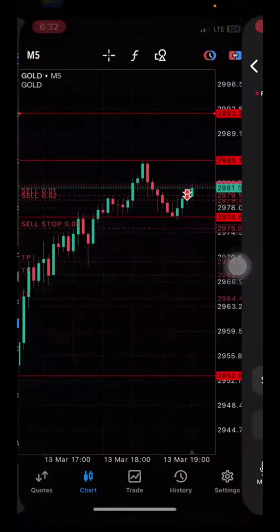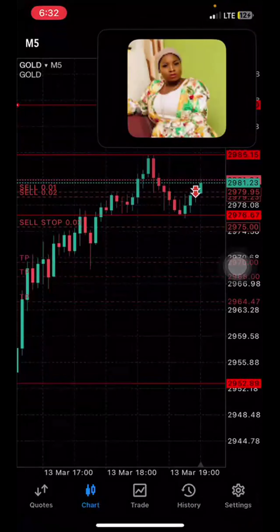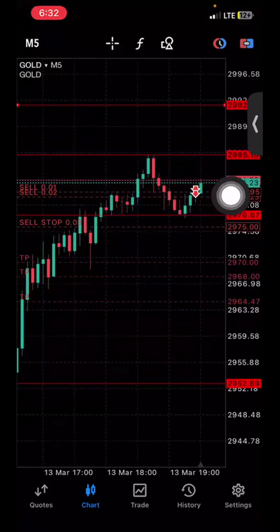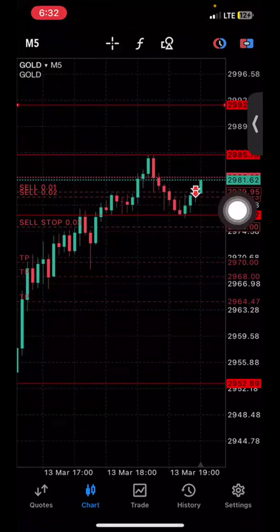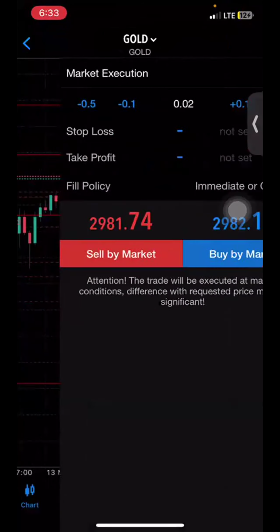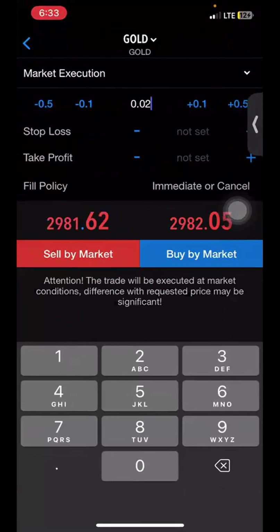Everything from the trade you place depends on your lot size and your account balance. The lot sizes you use depend on the account balance you're using. Do you guys understand? So before you take a trade, if your account is below $50, make sure your lot size is set to 0.01 for gold, because gold is a very volatile pair.